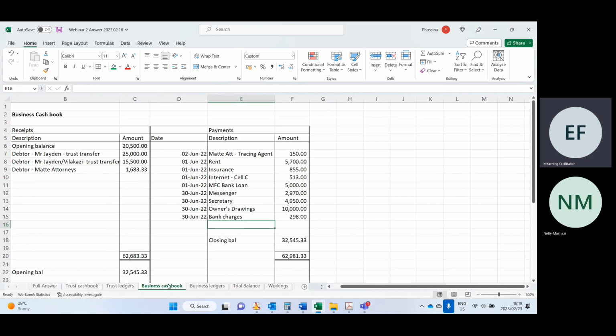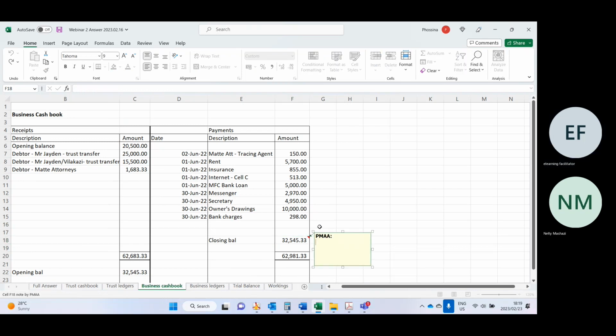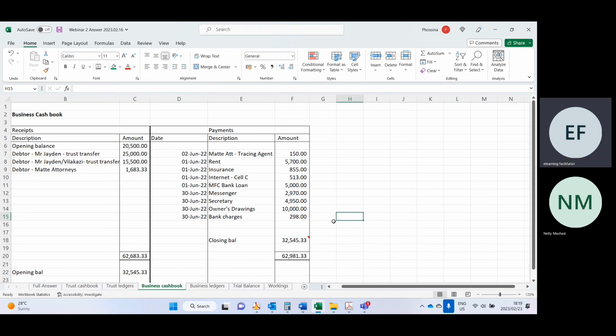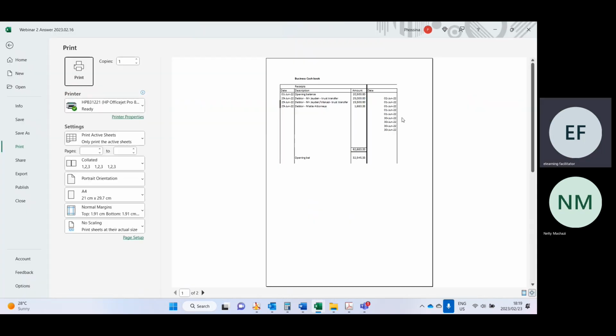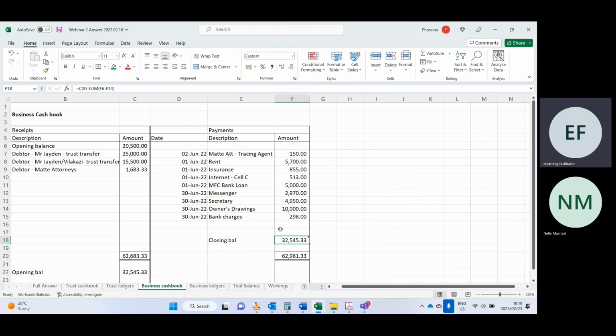So if you go back to our cash book, we are supposed to check. You can see our formula is going up to 14. So press Control F2 to see our formula. Let me sum like that. It wasn't adding up the bank charge; this bank charge was not included.